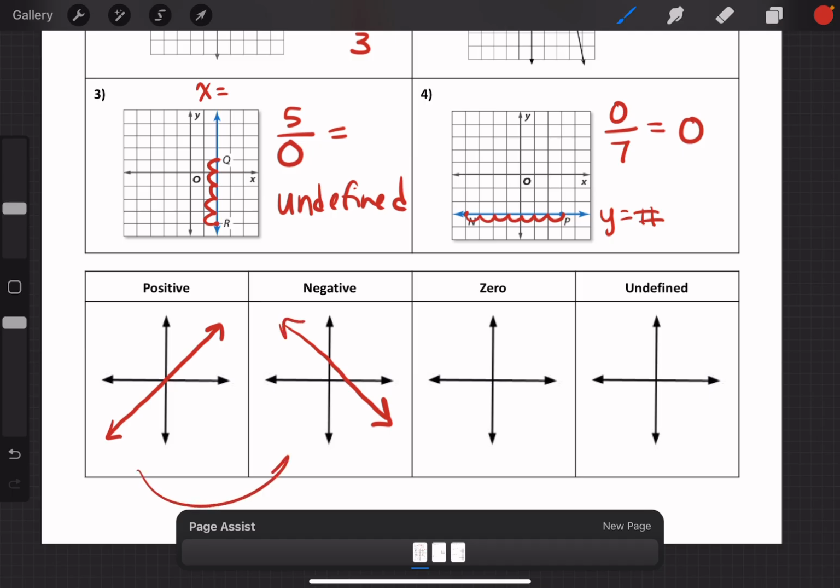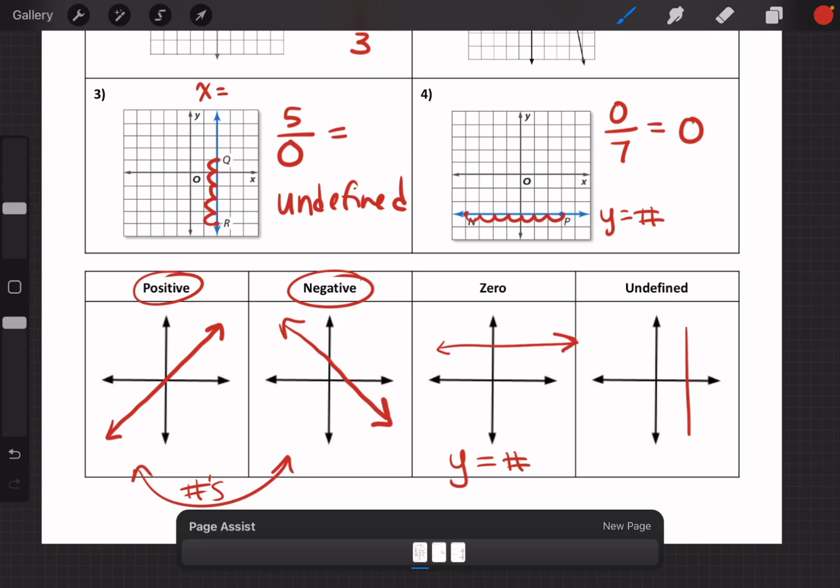And again, both of these would have numbers for their slope. We just know that this is a positive number and this is a negative number. A 0 slope, like we said, is a horizontal line. And again, this would be y equals a number. Undefined is going to be straight up and down. And again, that would be x equals some number.